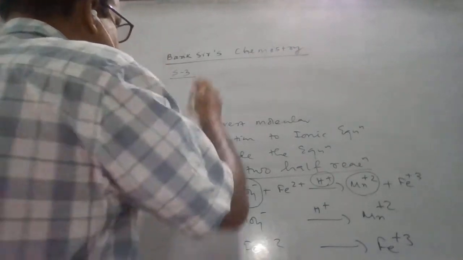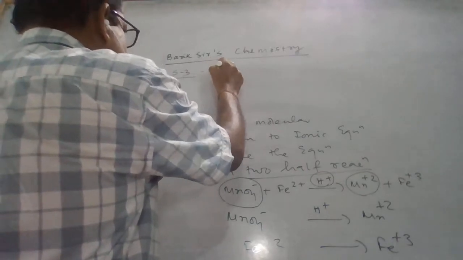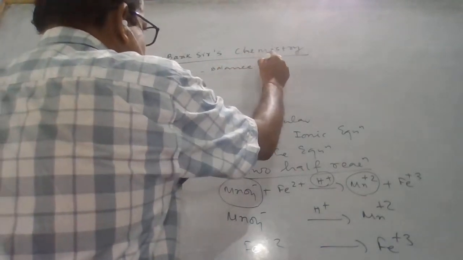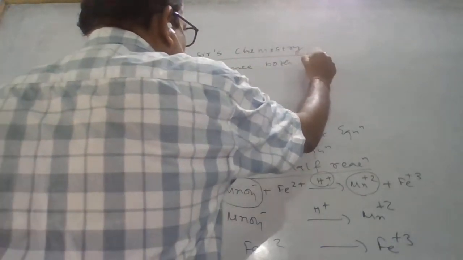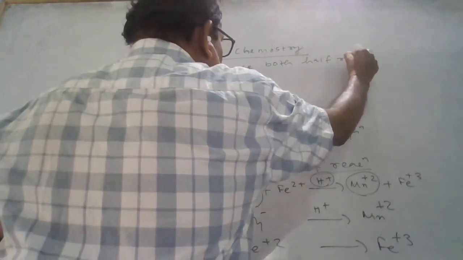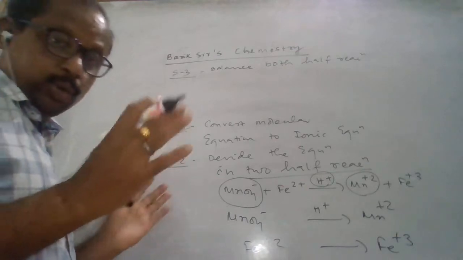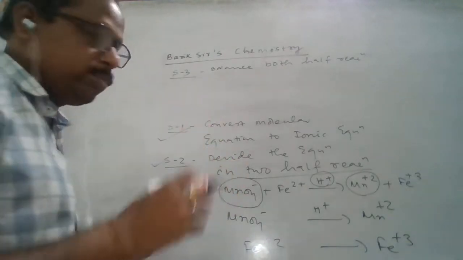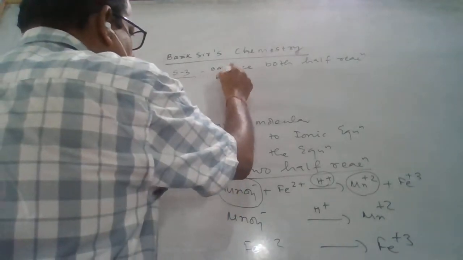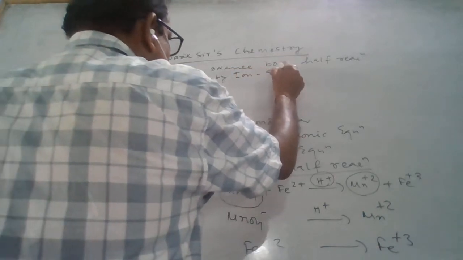Both of the half reactions are to be balanced. After converting to the half reactions, balance both half reactions by the ion electron method.